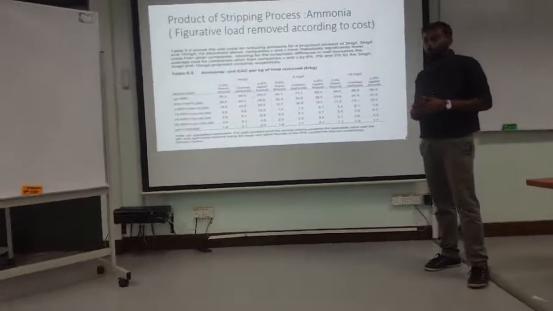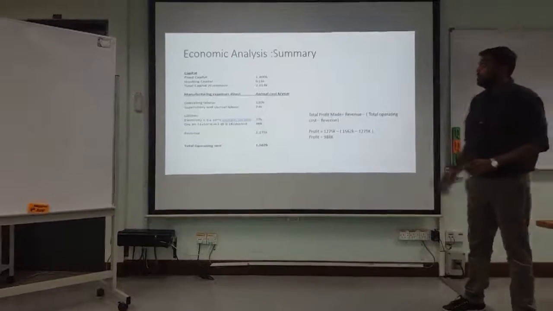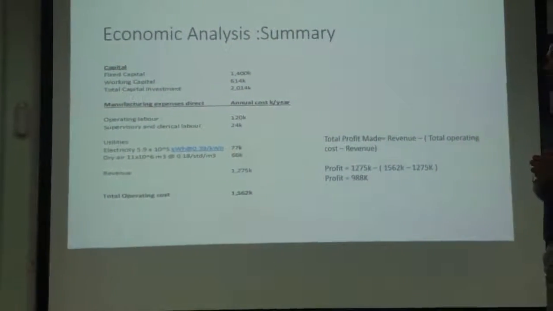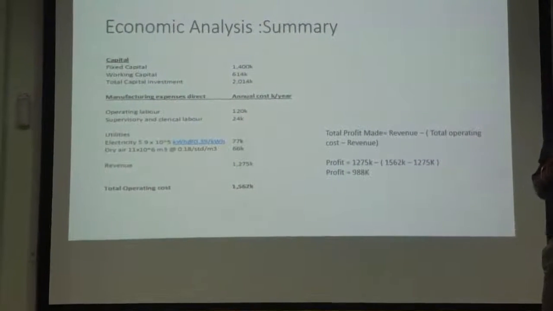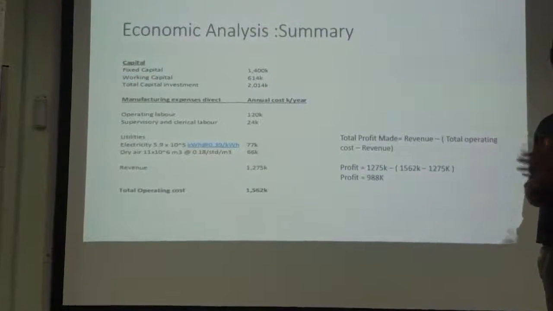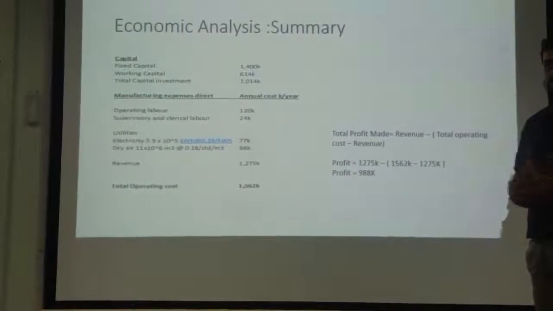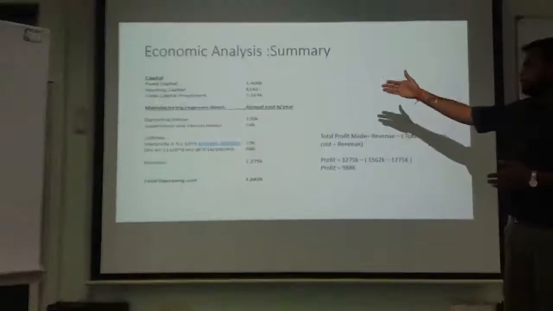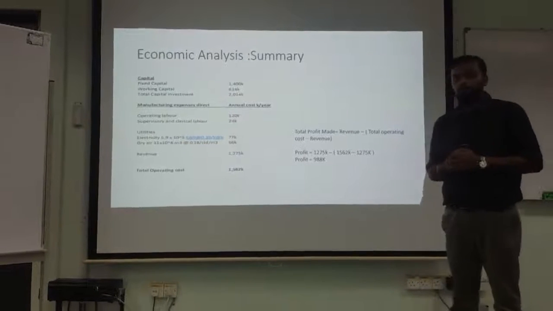Next, we are going to look at the economic analysis of the same company. This is the economic analysis summary. The capital and working capital are quite low compared to other companies because this is only calculated for ammonia stripping, whereas they have many more nitrogen and phosphorus removal. The operating cost is 1562K.